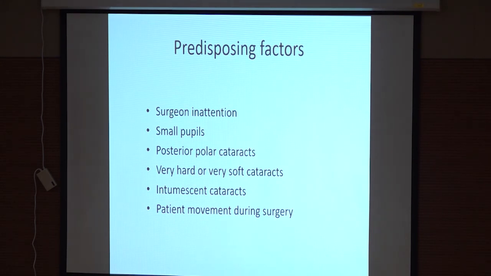And some of these other things, small pupils, posterior polar, very hard or very soft cataracts, yes, these things can happen, but these are patients you do not select in the beginning at all. So you have to stay away from this group of patients in the beginning to try and minimize the risk during surgery. This would be for more experienced surgeons.